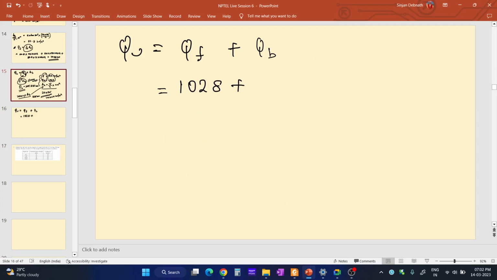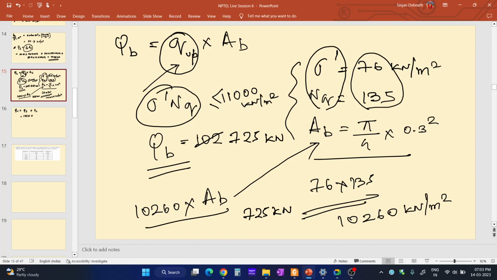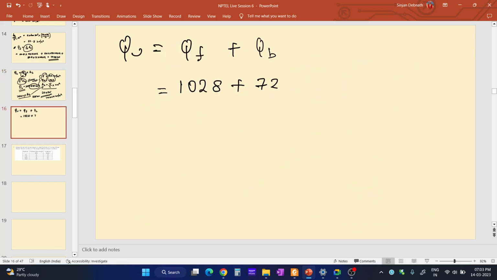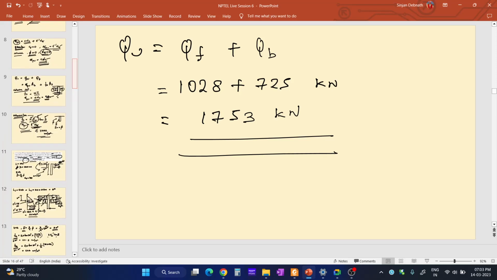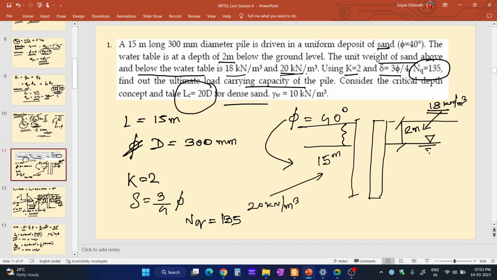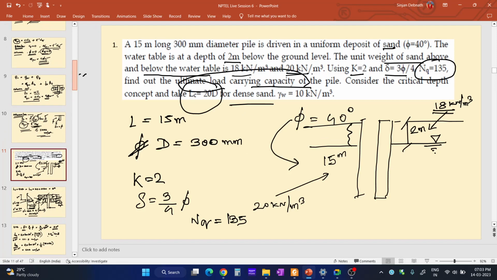Plus Qb, the end bearing resistance of pile, we have also found out, it is 725 kilonewton. If we sum it up together, it is 1753 kilonewton. So this is the total ultimate bearing capacity of the pile. We have been asked to find out this value only, the ultimate load carrying capacity of pile.